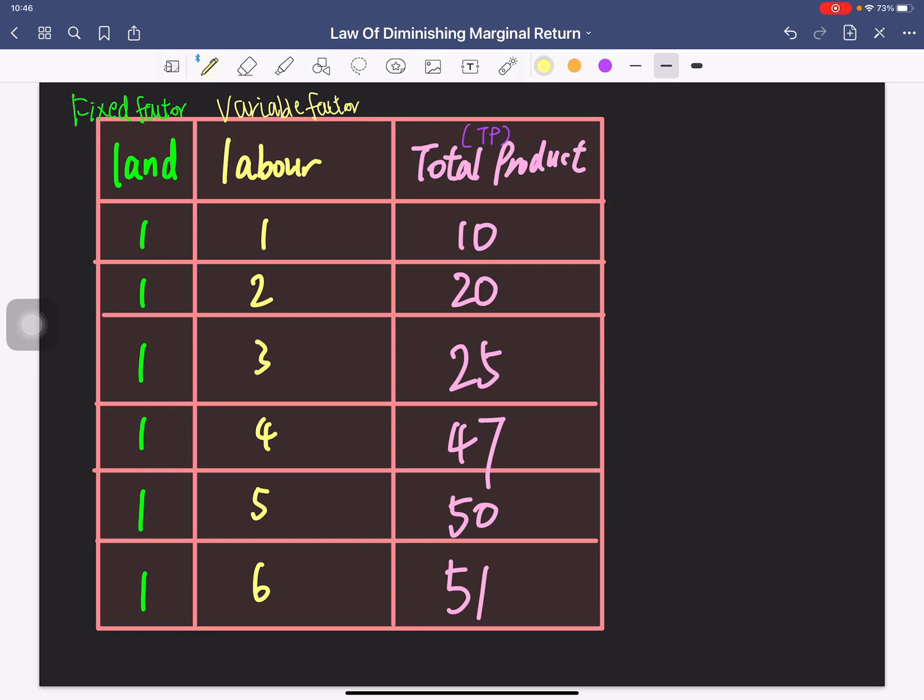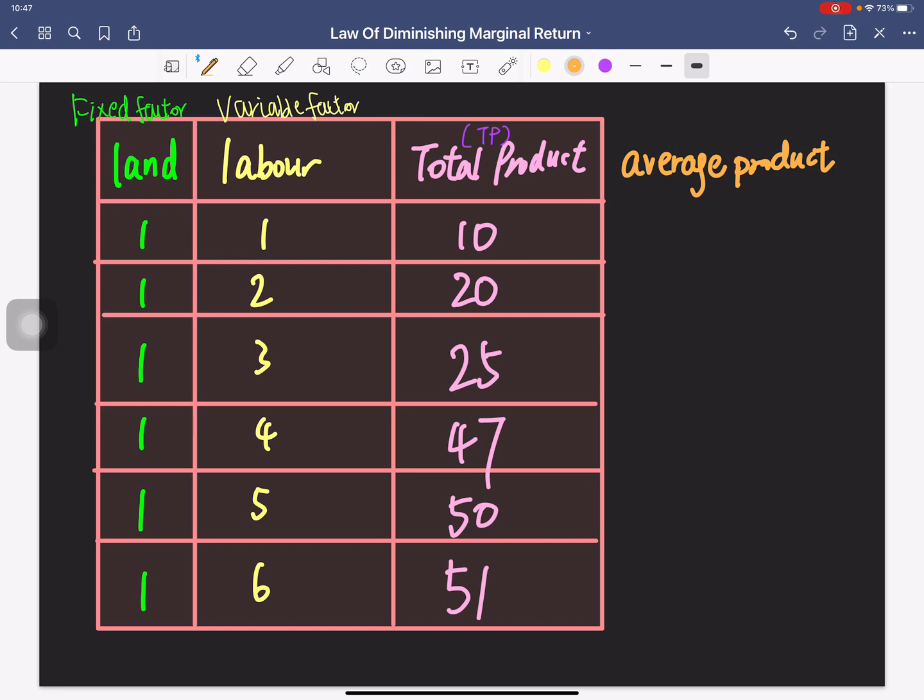So let's take a little bit more difficult one, but it will be challenging as well as rewarding. So let's learn about the average product. How can we get the average product?